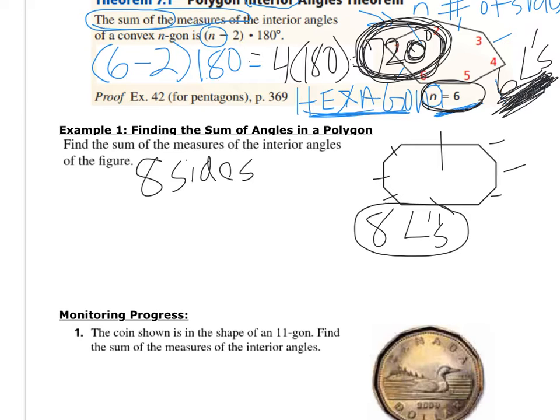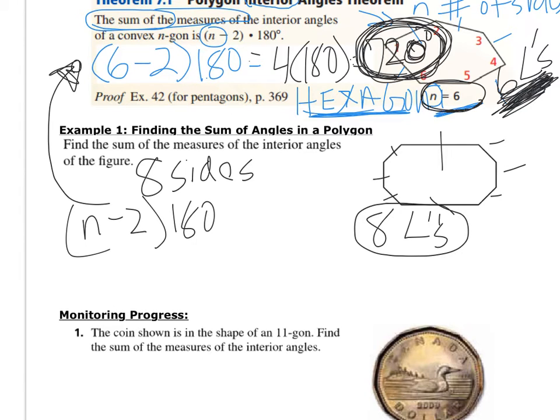So we need to figure out what the angle measure is. Well, remember our little equation that we had just learned, which says n minus 2 times 180. And what do we say n represented? That's right, the number of sides. So now I'm going to substitute in 8 for n. So I have 8 minus 2 times 180.